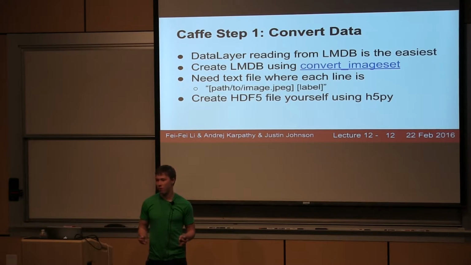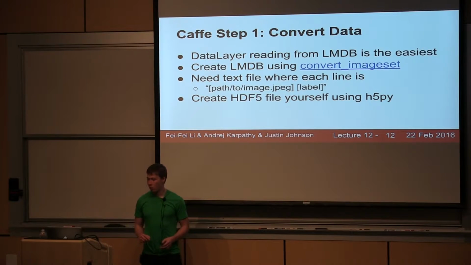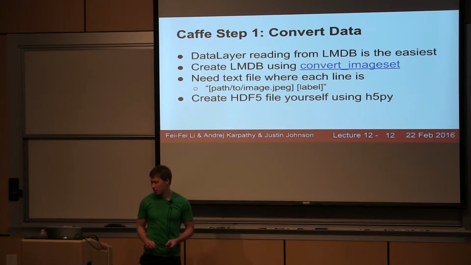If all you have is a bunch of images, each image with a label, then Caffe just has a script to convert that whole dataset into a giant LMDB that you can use for training. This is really easy. You just create a text file that has the path to your images separated by the label, and you just pass it to your Caffe script. Wait a couple hours if your dataset's big, and you end up with a giant LMDB file on disk.